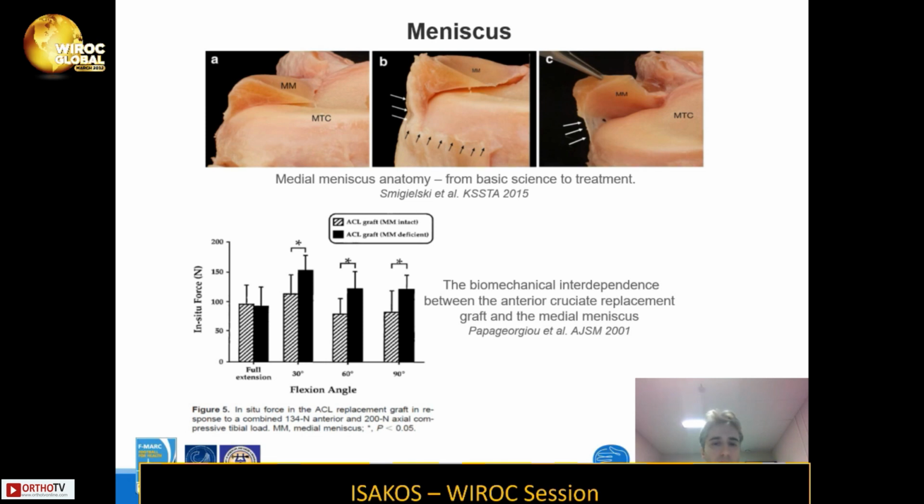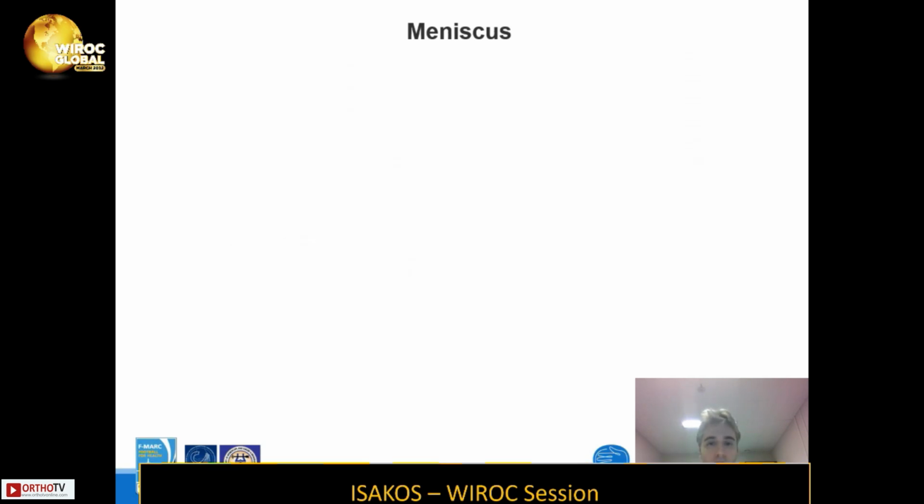And this paper by Papageorgiou showed that there is also a strong biomechanical interdependence between the ACL replacement graft and the medial meniscus. And if we remove the medial meniscus, there is an increased stress, an increased force at all flexion angles in the ACL graft. So there is a higher risk of failure.